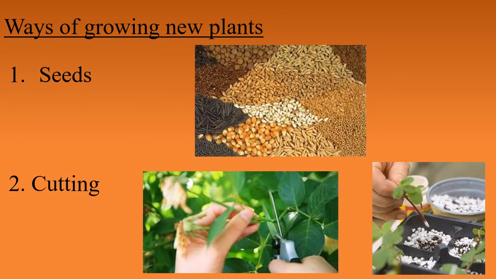Ways of growing new plants. Number 1. Seeds. Most new plants grow from seeds. Number 2. Cutting. When a part of a stem is cut and planted in the soil, it grows into a new plant. Rose and hibiscus grow in this way.